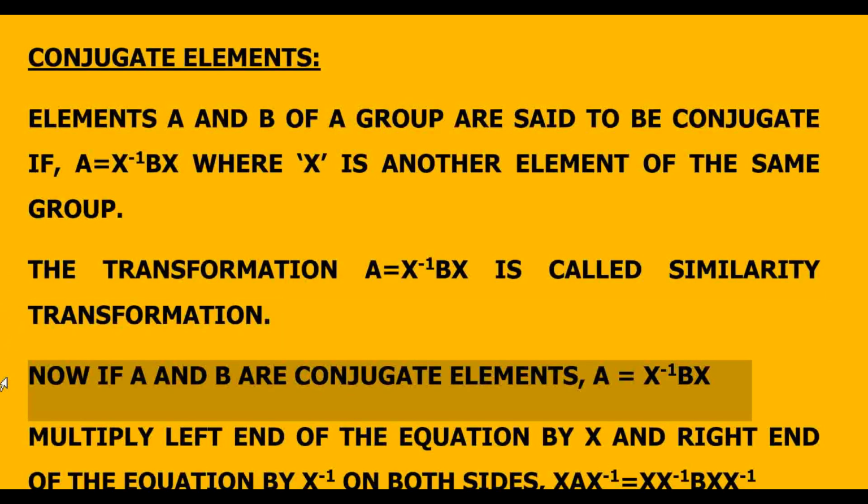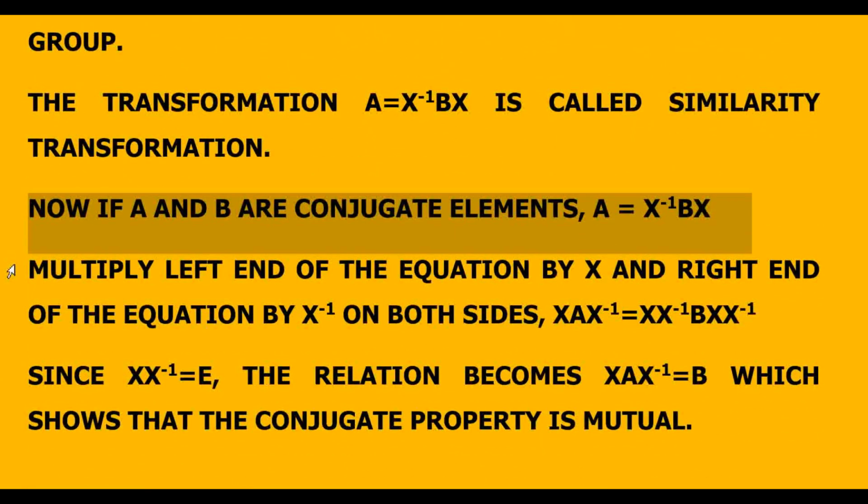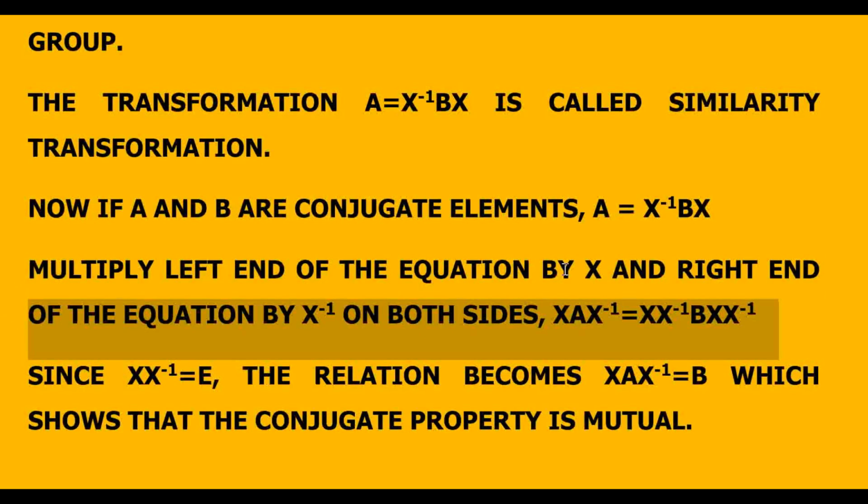If A and B are conjugate elements, you know that A is equal to X inverse Bx. If we multiply left hand of the equation by X and right hand of the equation by X inverse on both the sides, then the above equation will become X A X inverse is equal to X X inverse B X X inverse.